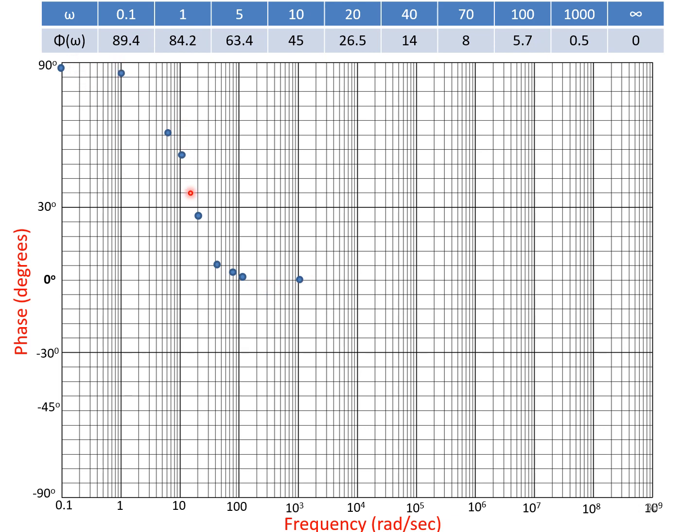Now you are supposed to join all these dots and extend. At infinity it becomes 0, so I represent that with a 0 line here. So this is the plot I have got for the given example.